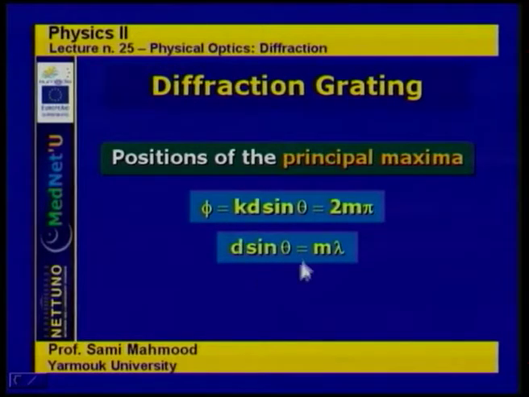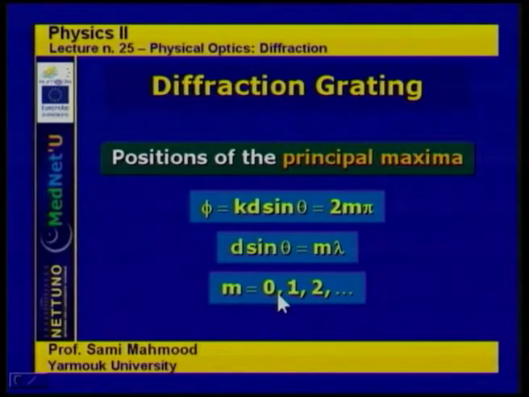And here, if we put 2 pi over lambda instead of k, then we get the condition d sine theta is equal to m lambda. That gives the position of the principal maxima, where m is equal to 0, 1, 2, and so on.